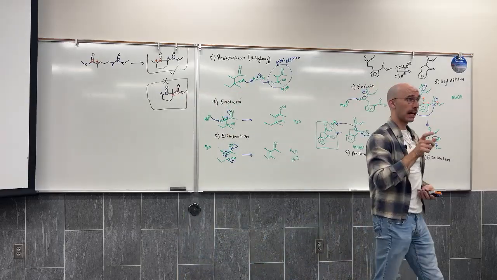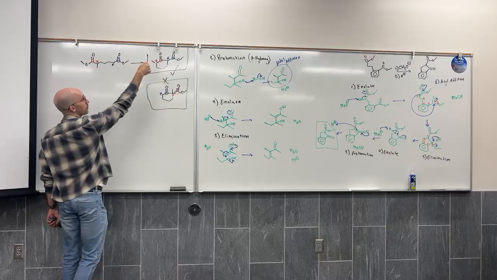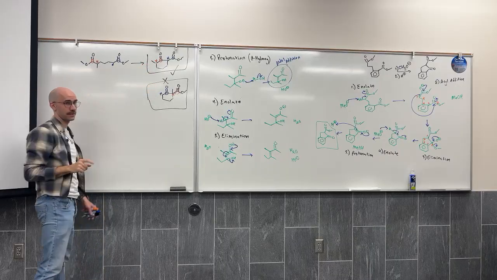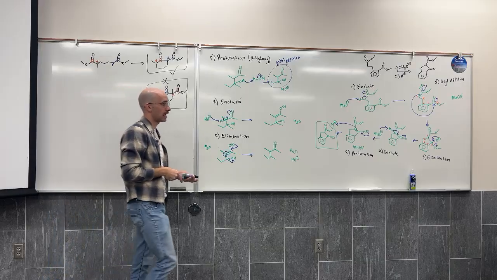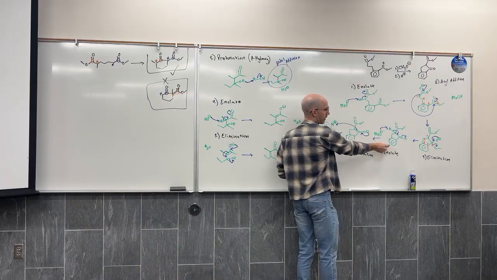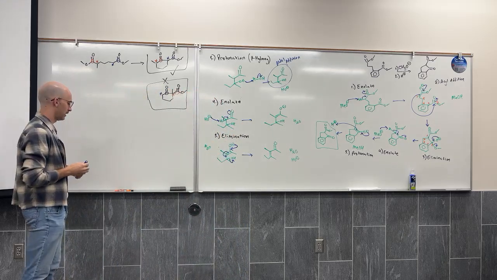So the question I want to consider is, why did we produce this structural isomer and not this structural isomer? I'm going to take us to this part of the mechanism, that fourth step where we make an enolate.